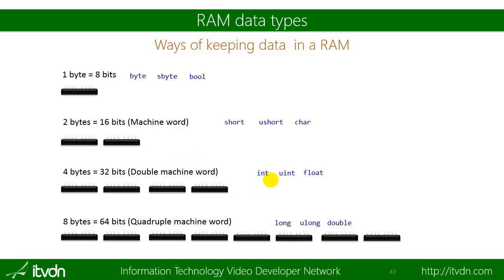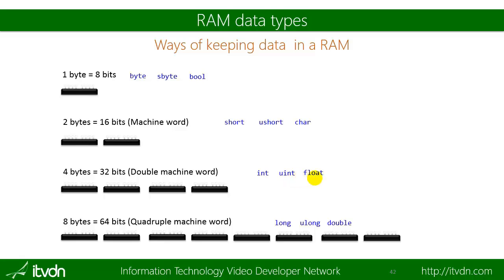Int is like the short of integer, which means like a whole number. Here you can keep a maximum of 32 bits in this, and it can have a negative sign or it can have a positive sign. Then we have unsigned integer, which is also a whole number, but unsigned integer cannot have a negative value. It can only have a positive value.